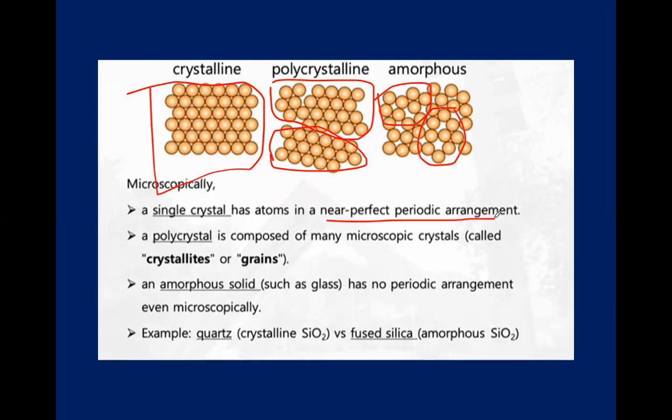Why we say near periodic is that in natural environments, sometimes you can't expect 100% of this behavior. Some distortions are there. But if at least more than 90% is periodically arranged, then you can call it a crystalline material.